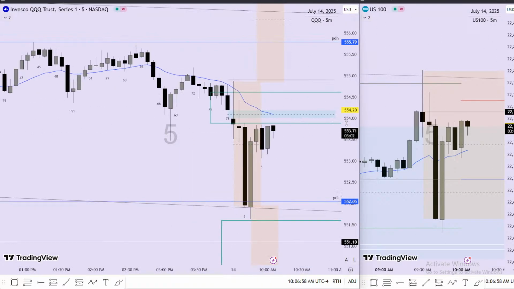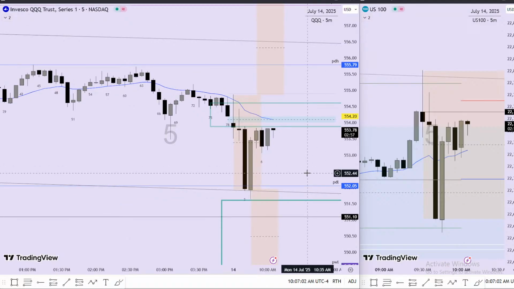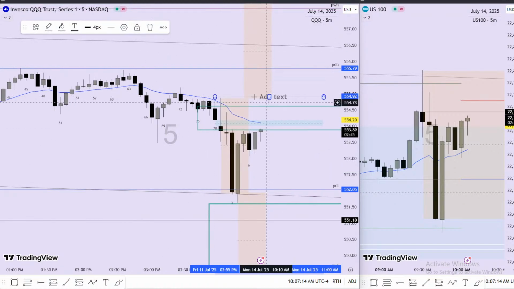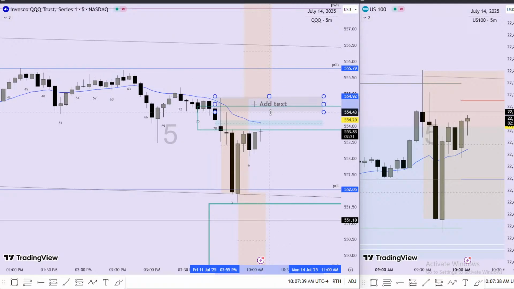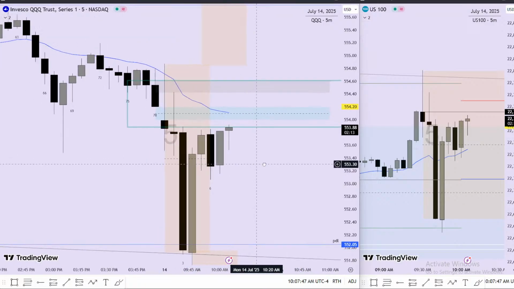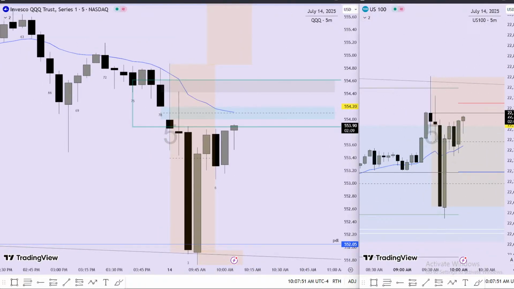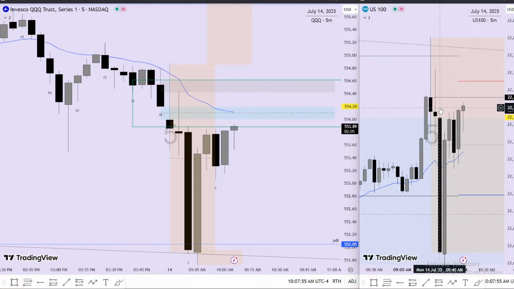Bar number 8. I need a closing above the 940 bar.